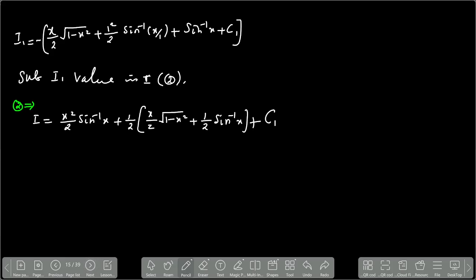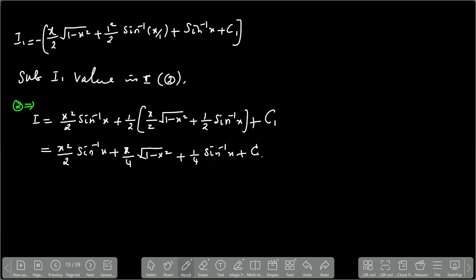Students, any doubt? Now rewrite. This is the correct answer, but we need to simplify some common terms: plus x by 4 into square root of 1 minus x square plus 1 by 4 into sine inverse of x plus c.